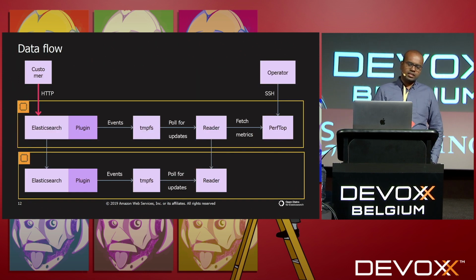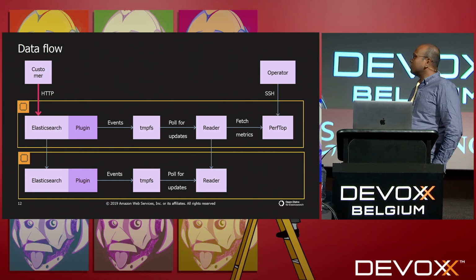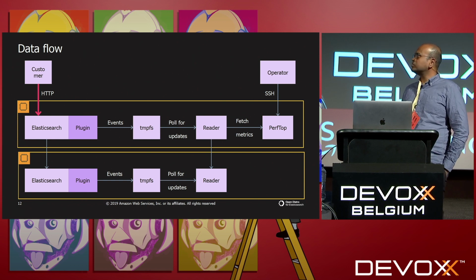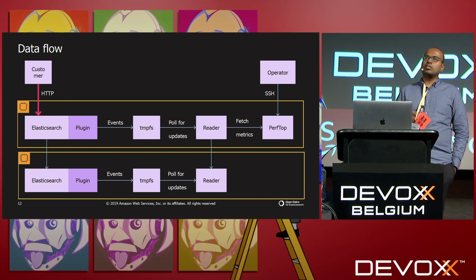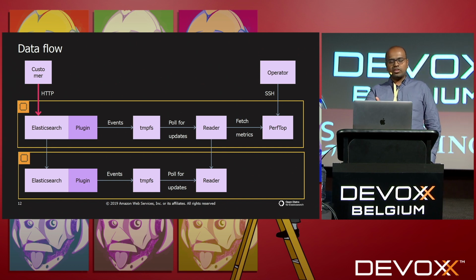So here's the data flow. Let's say a customer is interacting with Elasticsearch. He sends in an HTTP request. A lot of times, this is something like a bulk request. A bulk request can have multiple writes or reads. And typically, if you just track the HTTP error code, you only get to know whether the overall request succeeded or failed.